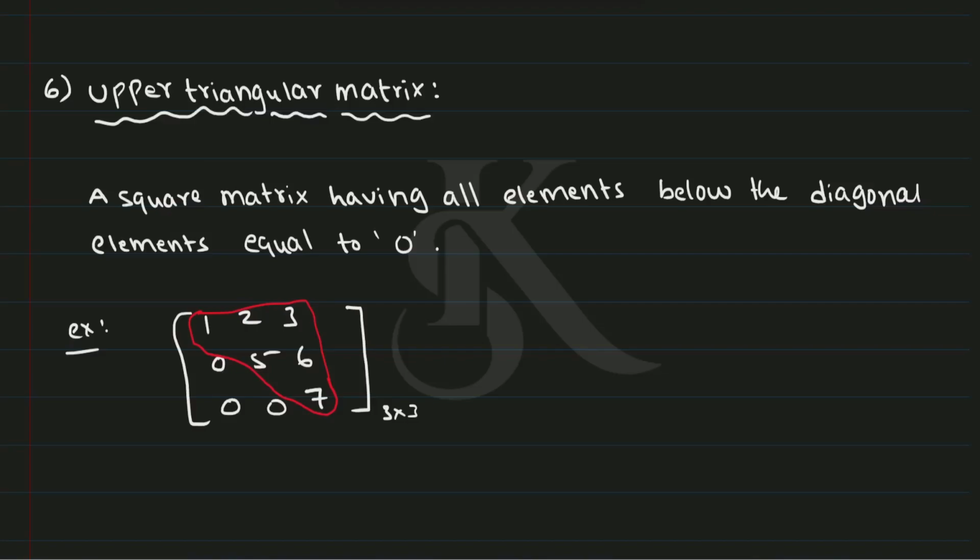A square matrix having all elements below the diagonal equal to 0. These are the diagonal elements 1, 5, 7, and the elements below the diagonal are 0. That's the definition. Take a screenshot of it.